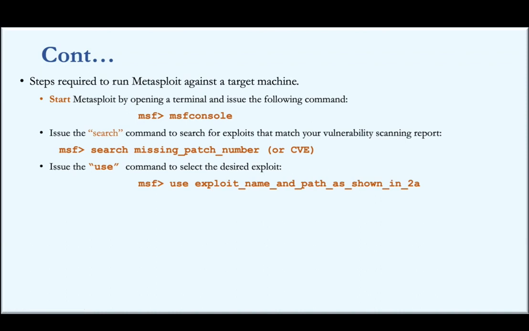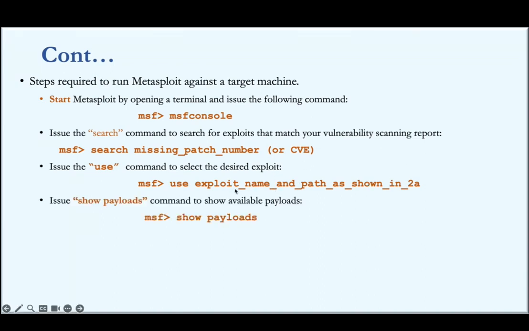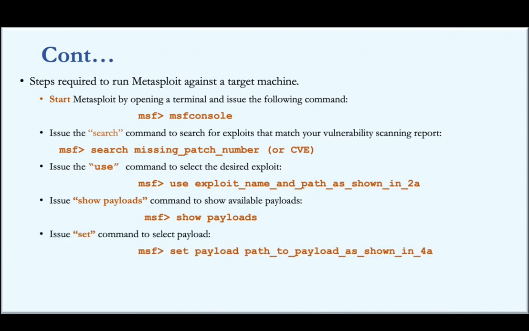For that, you need to identify which payload you want to execute on the target. By issuing show payloads, you find all the payloads which can run on this module. Then you can select the appropriate payload to run on the target machine, as shown in the figure, that is the VNC injection payload.